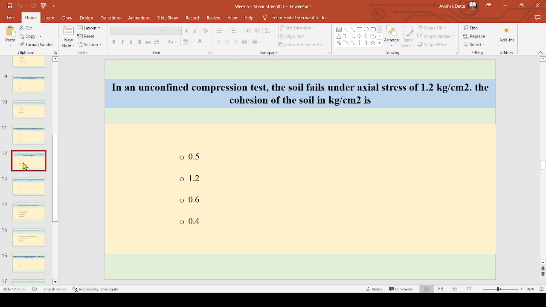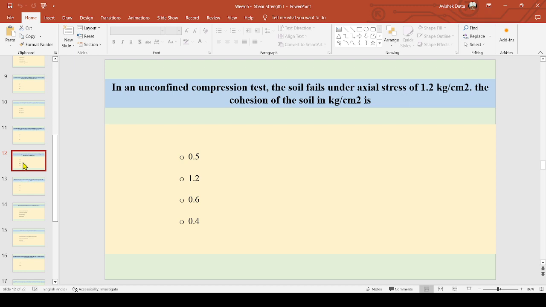In an unconfined compression test, the soil fails under an axial stress of 1.2 kg per centimeter square.